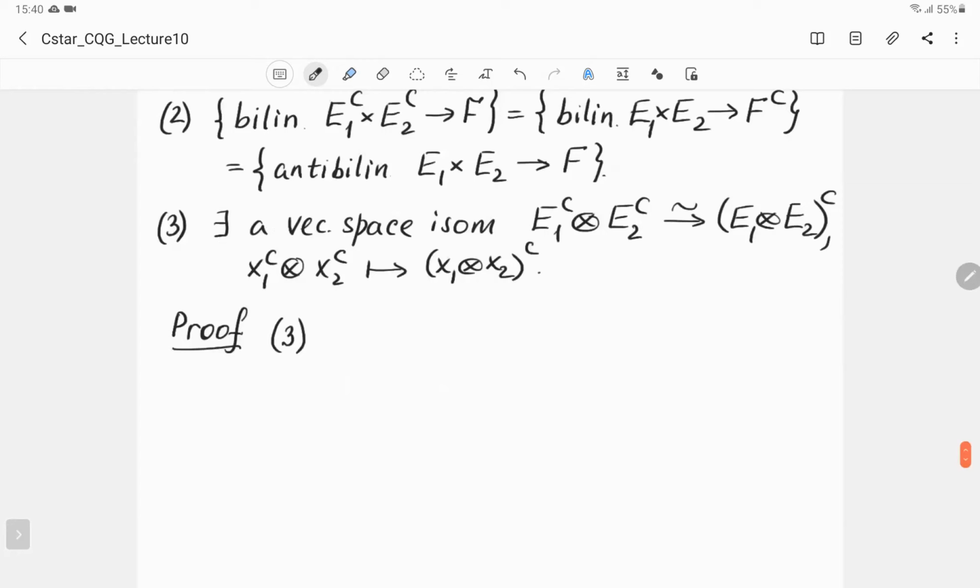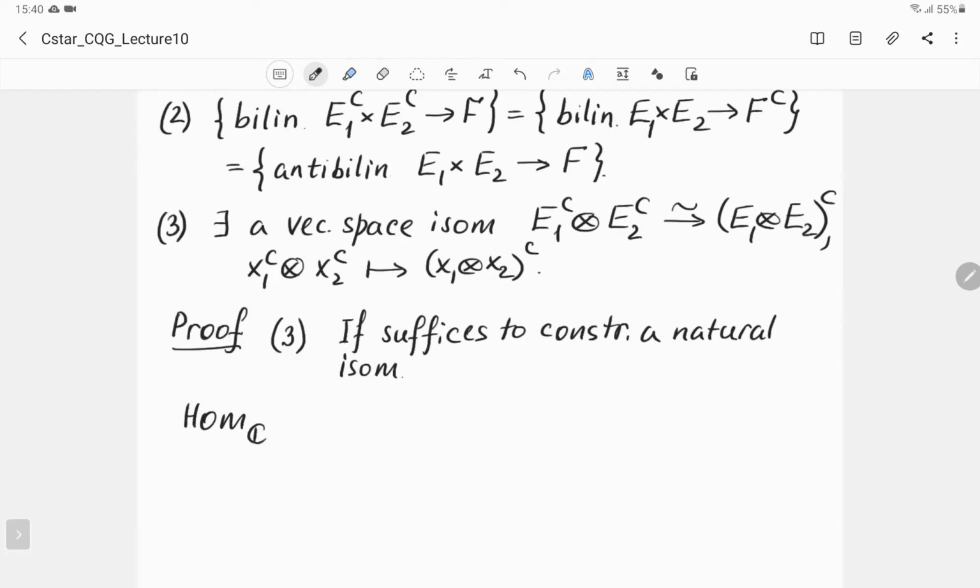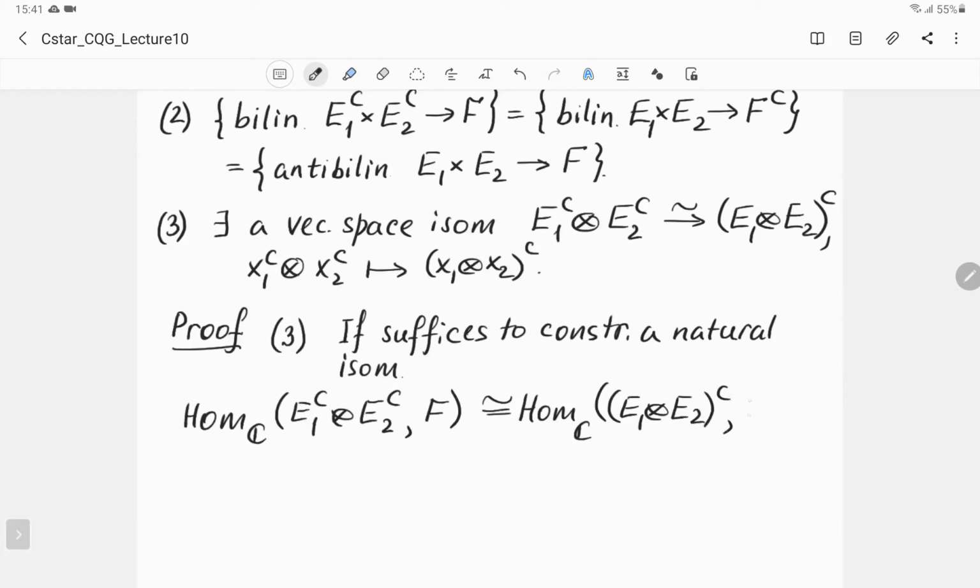Well, to construct such an isomorphism between these two spaces, it suffices to construct a natural isomorphism between the space of linear operators from the first space, namely the tensor product of two conjugate spaces, to F, and the space of linear operators from the second space, that is the conjugate of the tensor product, to F, where F is an arbitrary vector space.